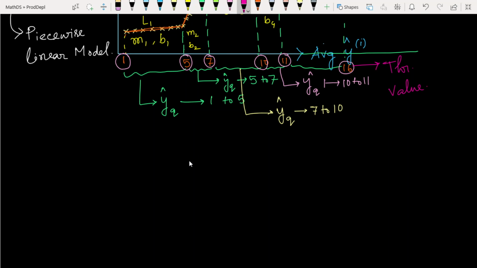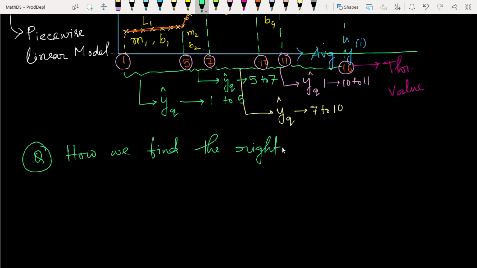This is the threshold value. Now the question that comes into our mind is how we will find the right threshold value.